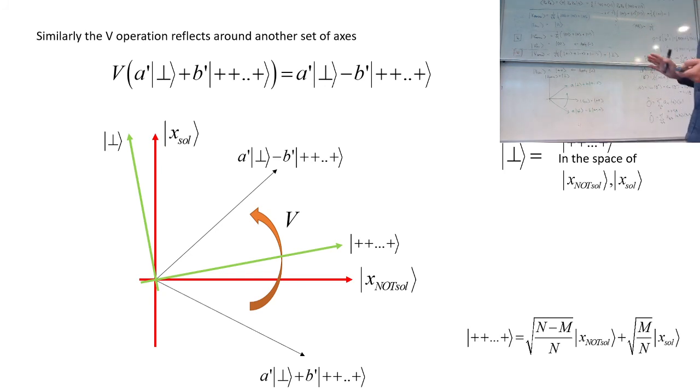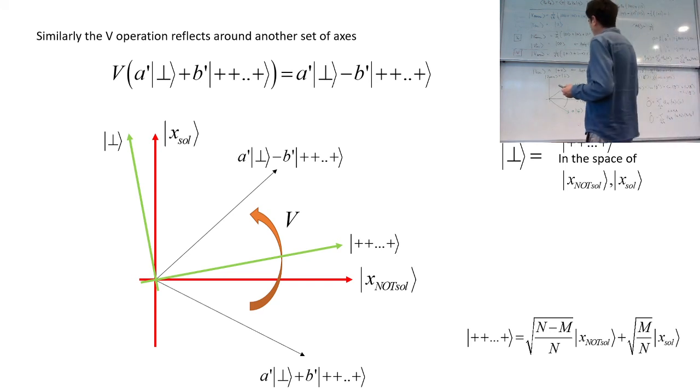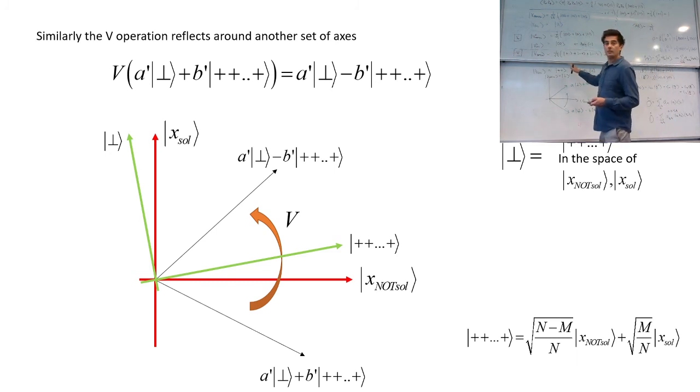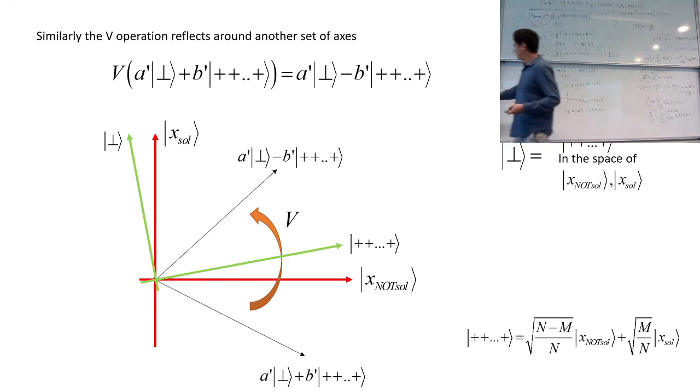And then now how do we combine these two figures? Well, the key point is that both of these states can also be written in terms of x and x sol and x not sol.